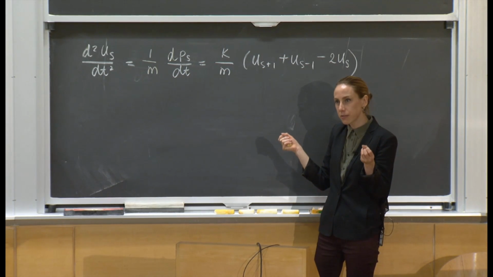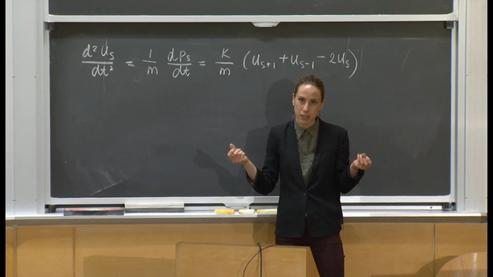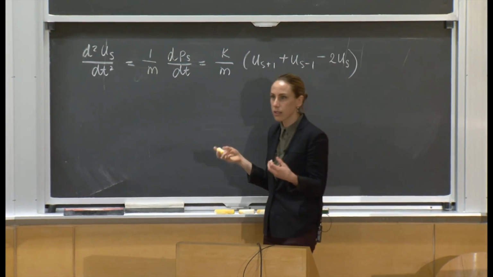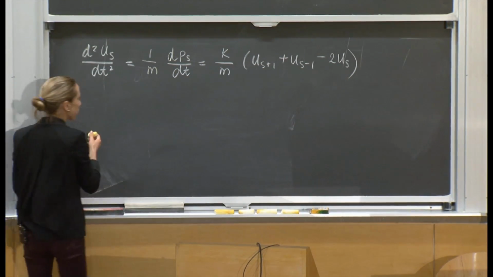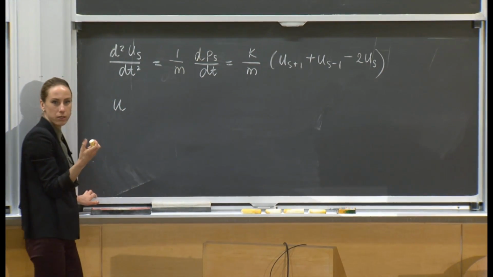But since we think we are going to have some sort of oscillation, we can guess the solution for this equation. Well, we'll know that we are going to wiggle. So let's look for a solution to this equation in the form that oscillates.